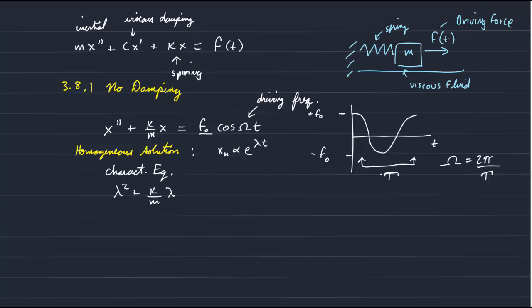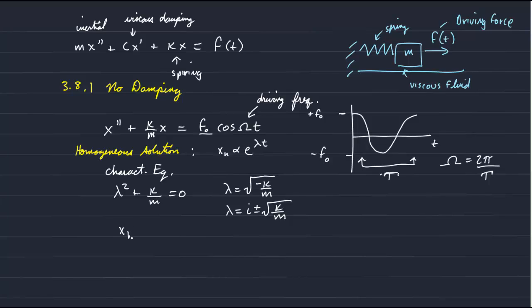Oh, I'm sorry, there's no multiplication times lambda. It's just lambda squared plus k over m is equal to 0. And that gives that lambda is equal to the square root of minus k over m. And so lambda is going to be imaginary, plus and minus i times the square root of k over m. And with an imaginary lambda, we get an oscillatory behavior.